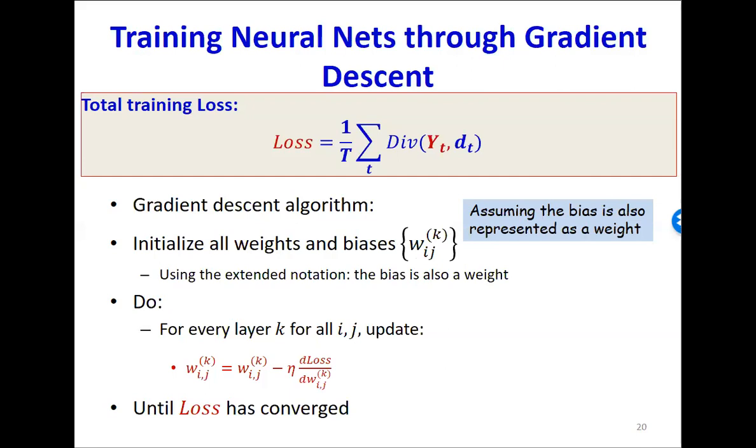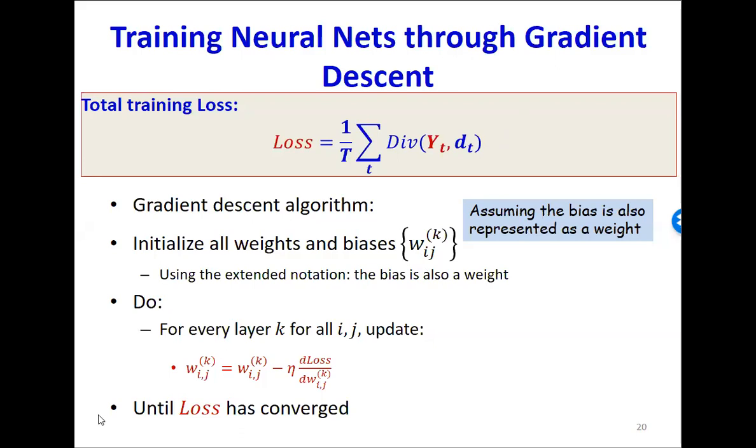Someone? Someone on the chat says kth layer. Kth layer, what are the subscripts? Anybody? The weight from neuron J arriving at neuron I. It was actually neuron I in the k-1th layer, arriving at neuron J in the kth layer. So these are for the kth layer neurons, right?